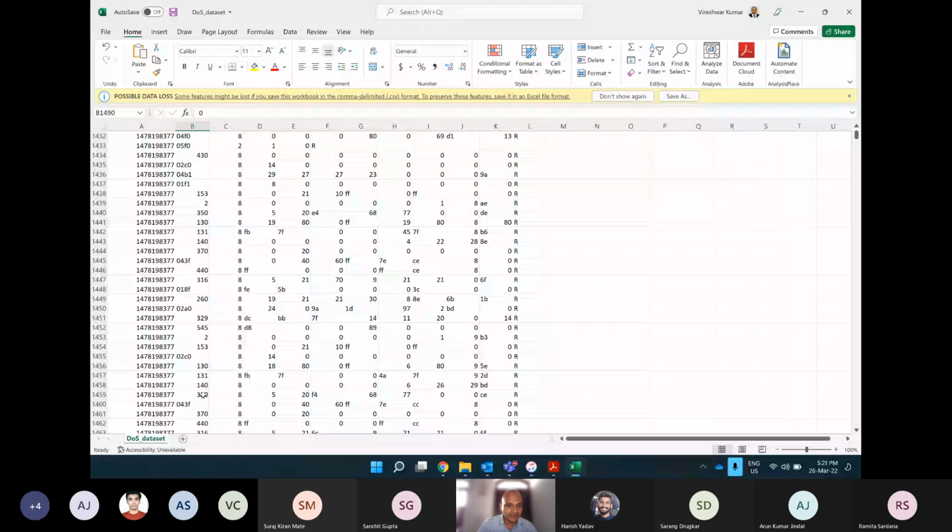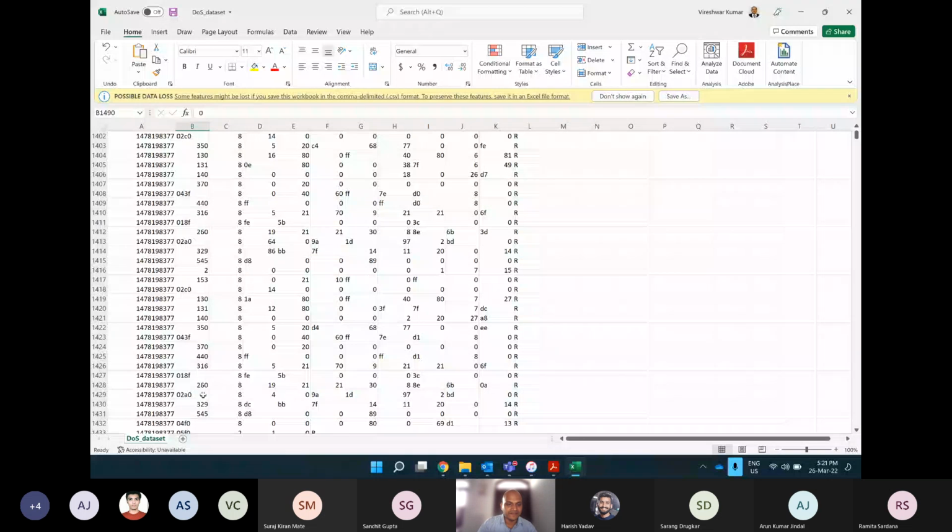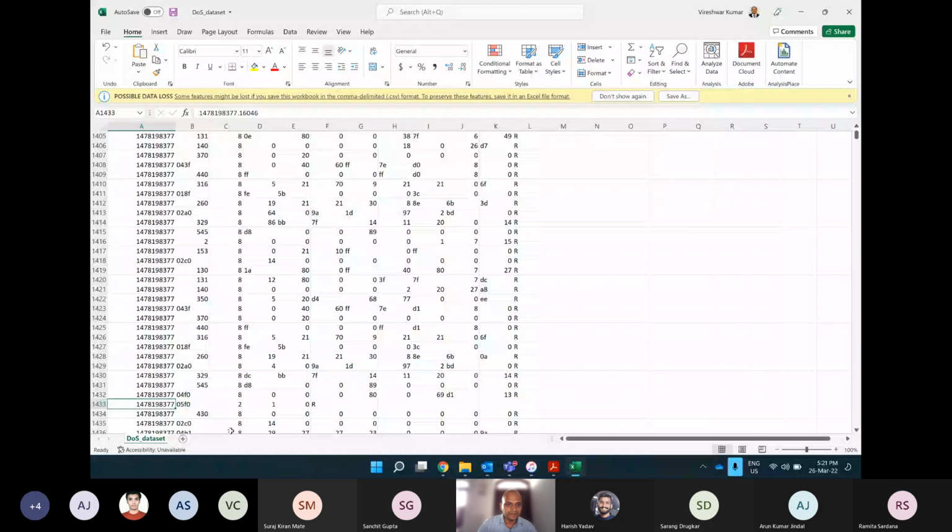So see this message, which has the identity 5F0. The length of the message is only 2. Then the label, whether it is a benign message or a malicious message, comes in column F. So you need to read at least column C and figure out whether it is a malicious or a benign message.